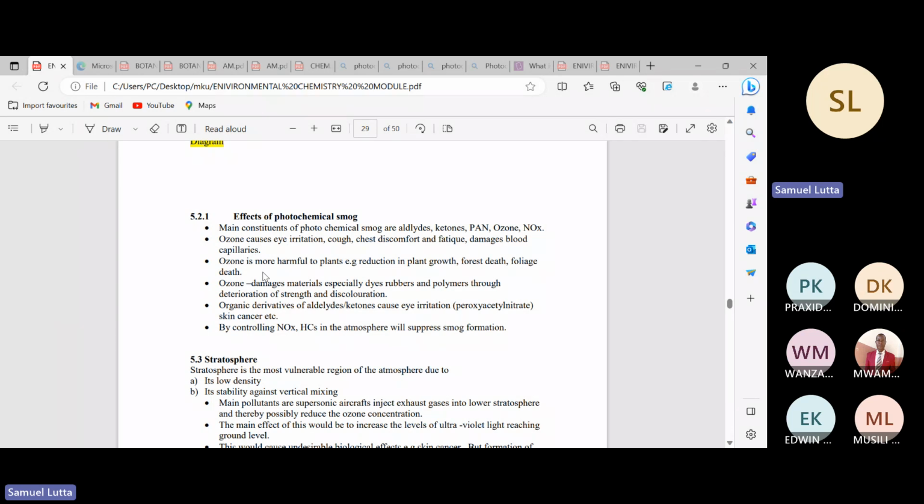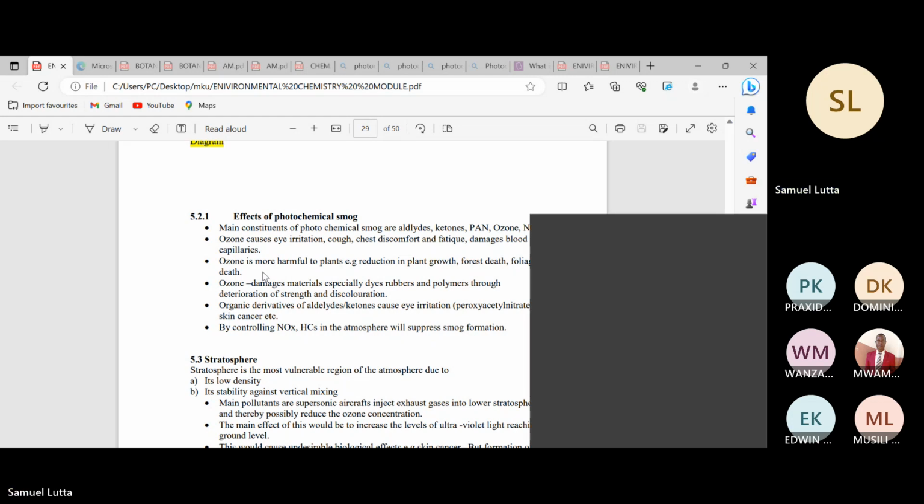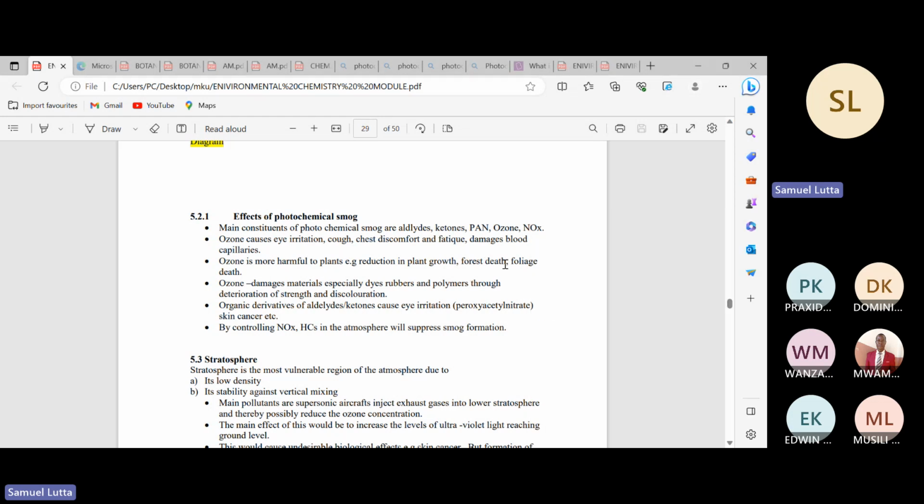And then ozone in itself, because we produce some ozone during the process, for the plants, it's not very useful. It can cause a reduction in the plant, leading to forest death, and also the foliage dying. And why this one is harmful, we saw that when it combines with molecular oxygen, it can form atomic oxygen.